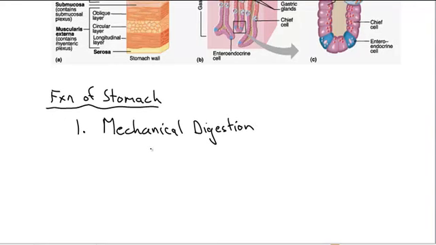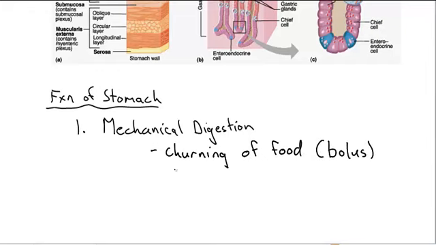And this is simply the churning of food. And what was that food called when it was all chewed up and swallowed through our esophagus, that mix of food and saliva? We called it the bolus. With our fancy name for stomach juices. That's right, gastric juices.